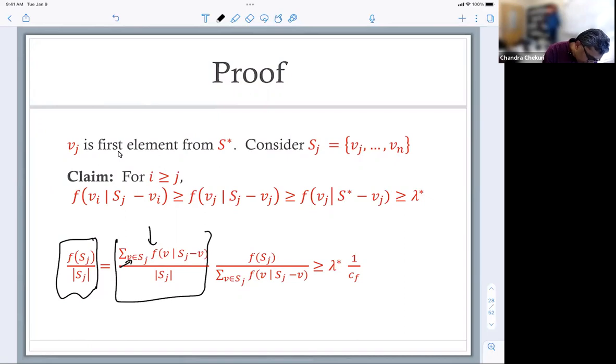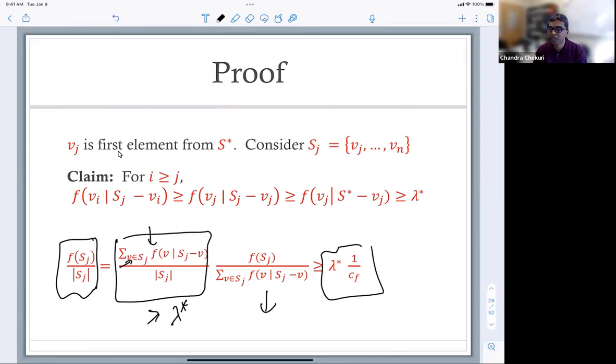And by our claim, this is bigger than lambda star, and this is our definition of CF. And because that is minimized, it cannot be less than 1 over CF, because that's the definition of CF. And so you get that it is lambda star times 1 over CF. So it's a very simple proof using supermodularity.